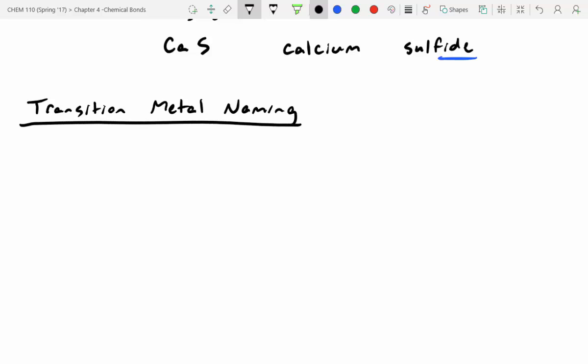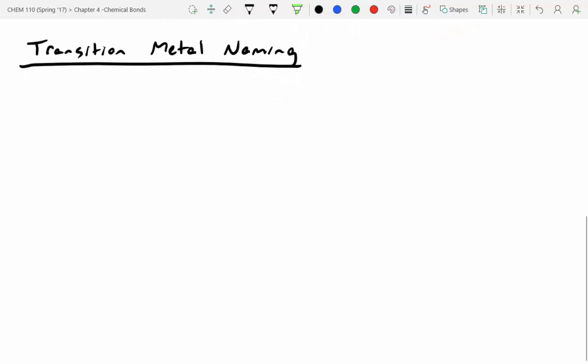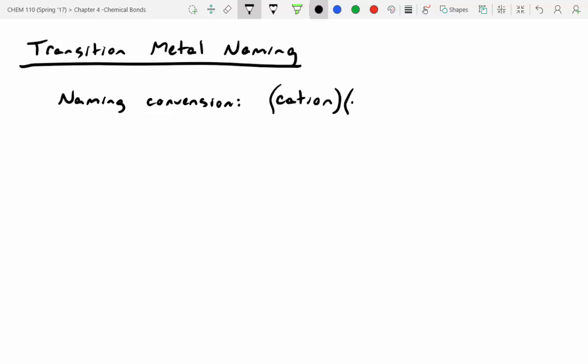And we said that those transition metals are in that center block of the periodic table. This one has a pretty simple naming convention, but it does vary a little bit. So just like before, we put the cation first, and then you have a Roman numeral after.